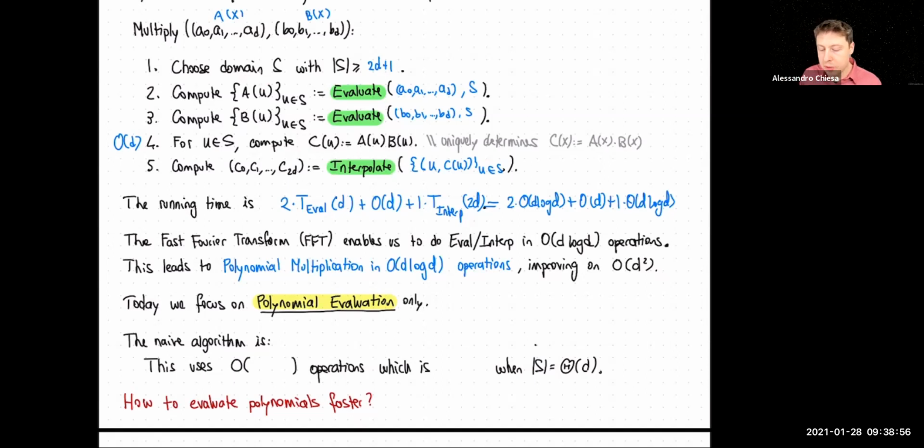And how are we going to choose the domain? Well, we're going to choose it later to be whatever we want, as long as it satisfies this condition, we're going to be fine. All I'm saying is that for multiply to be correct, it doesn't matter where S is, as long as S is large enough. For the correctness of multiply, all we care about is the size of S. Now, of course, the bigger S is, the more it's going to change the evaluation. So you should think of S as being order of D in terms of size.